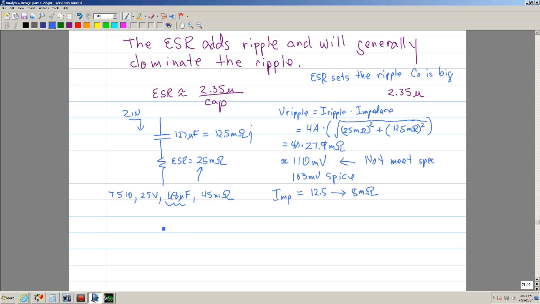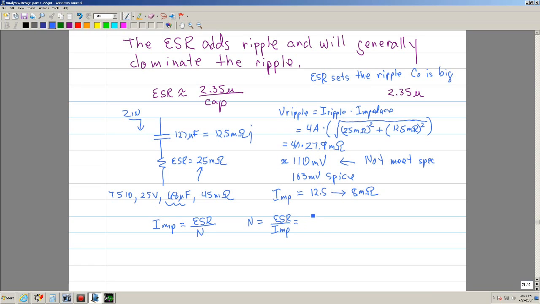So we can say that the impedance in this case is going to be 8 milliohms ESR. Then by that token we can say, how many capacitors do we need?